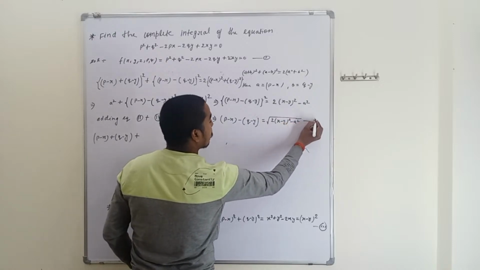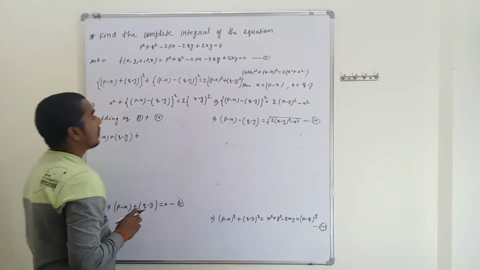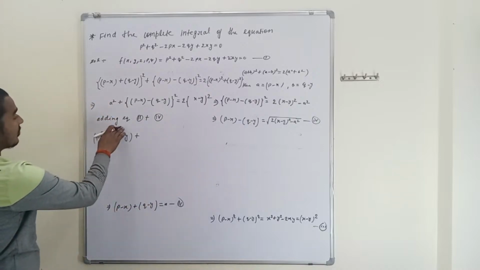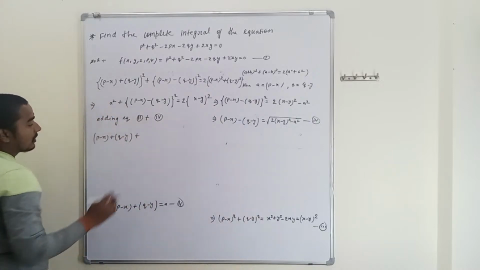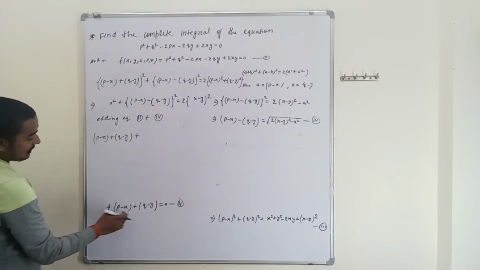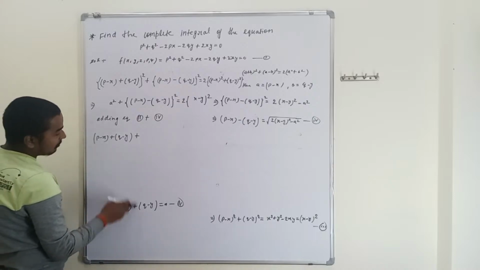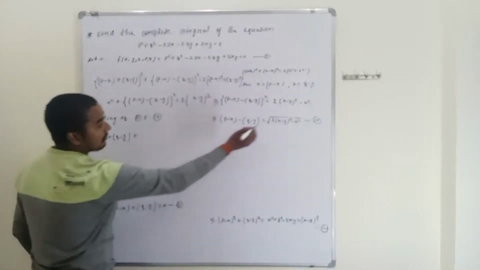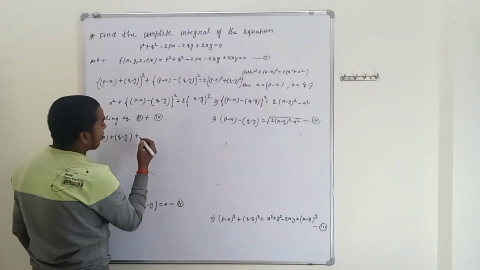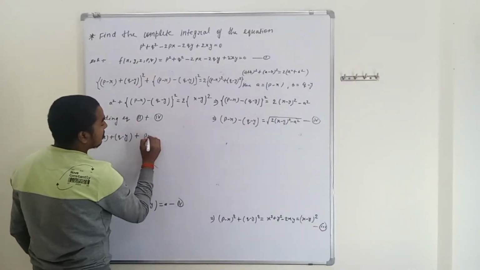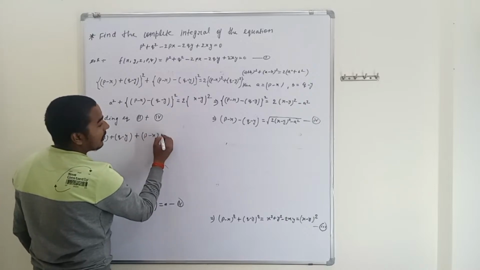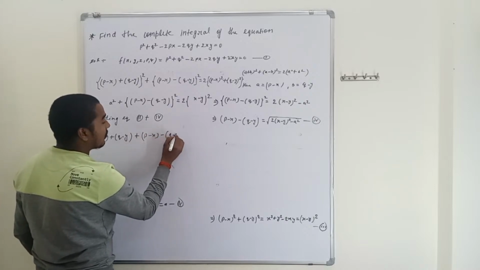This is equation 4, and further we have to add equation second and fourth, that is equation second of left hand side is p minus x plus of q minus y, and equation fourth of left hand side is p minus x and minus of q minus y.